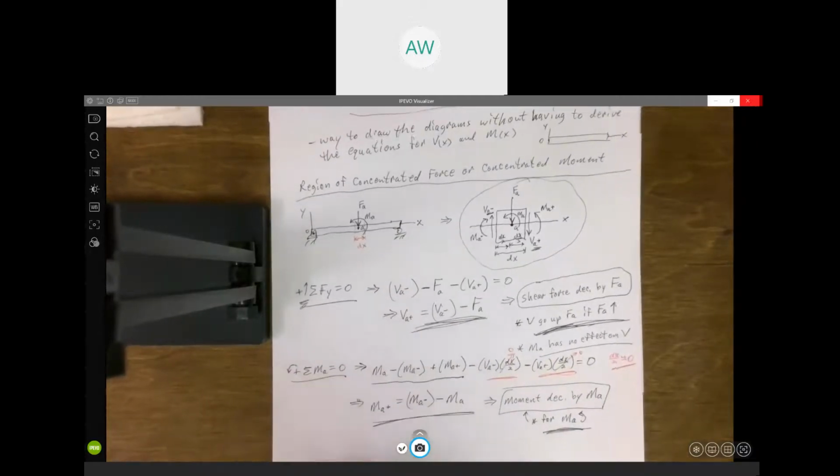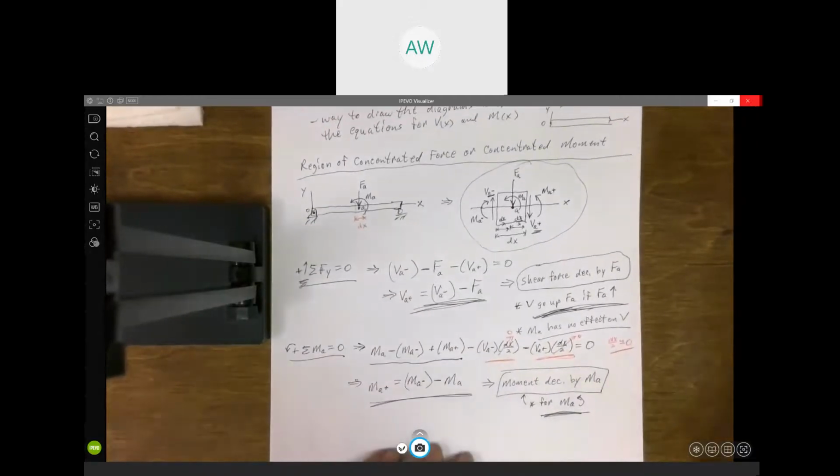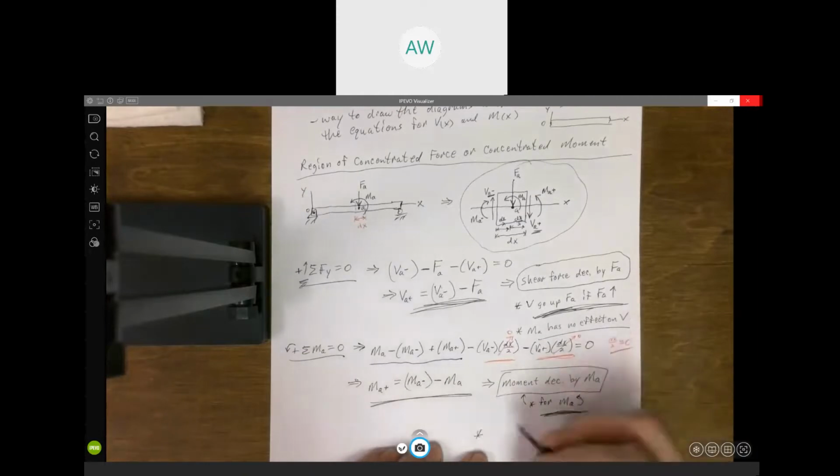And the opposite would happen if the moment was in the opposite direction. So the moment would increase by MA if MA, your applied moment, was clockwise.